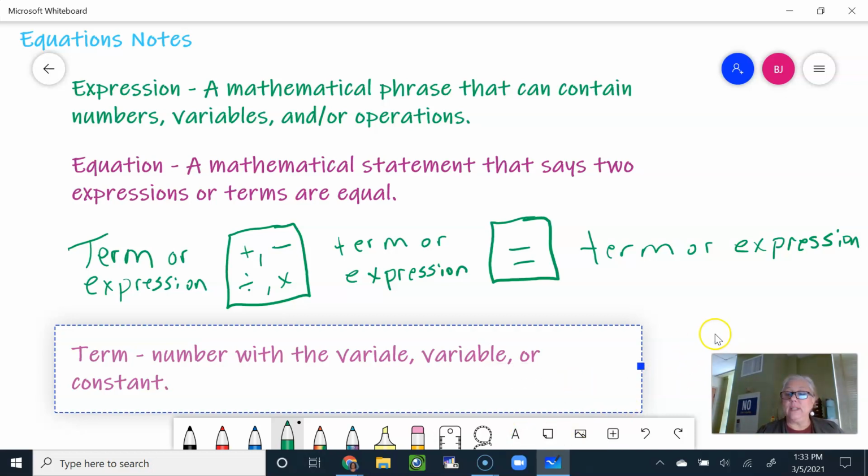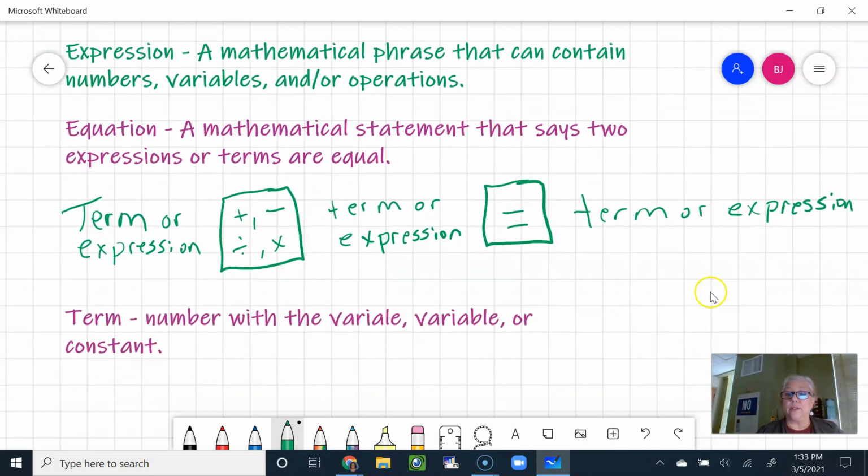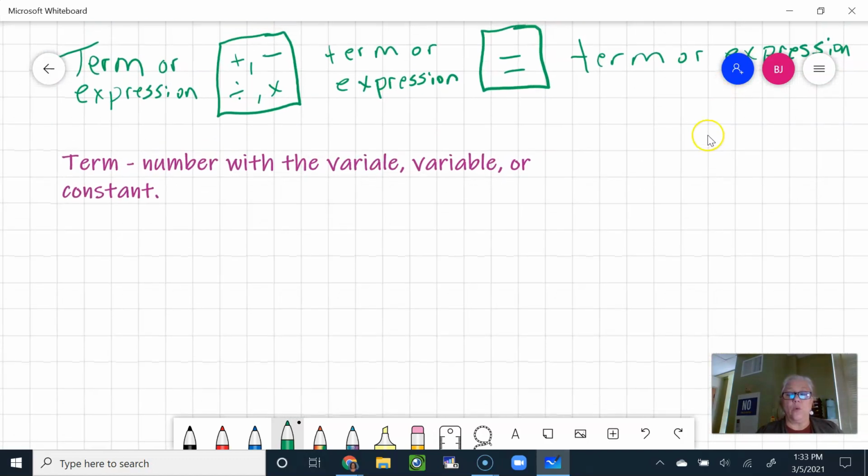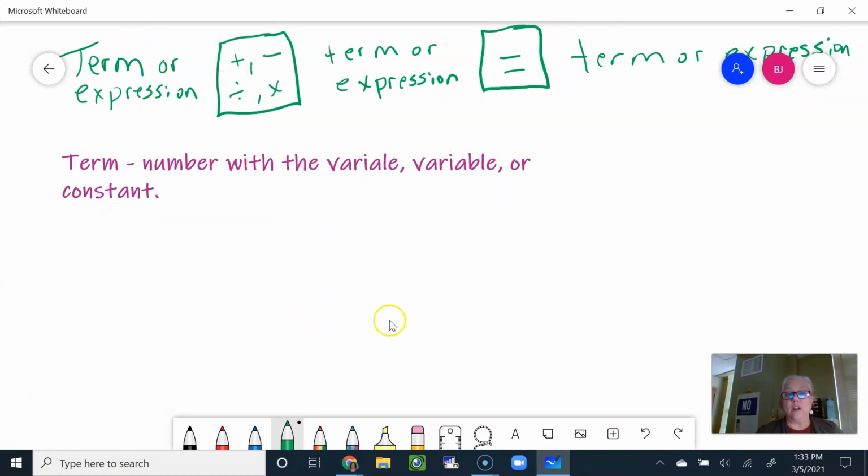All right, so let's talk a little bit more. I'm going to move this up some here. We've got our term. Let's talk about what an equation might look like.